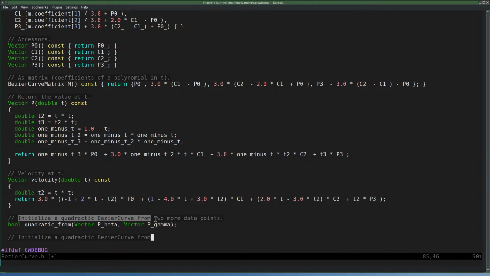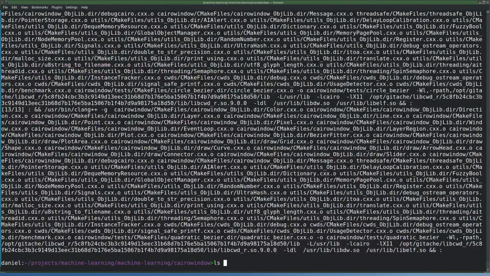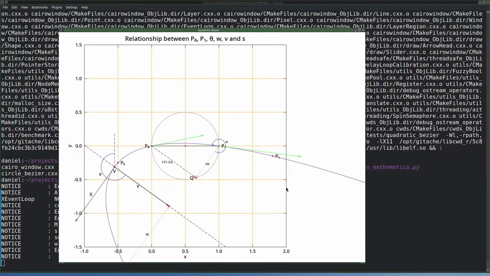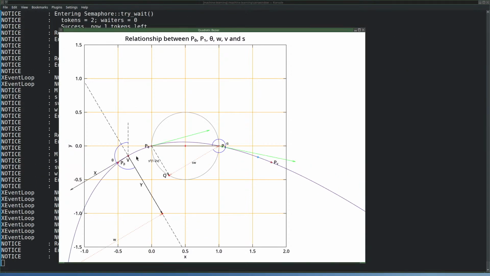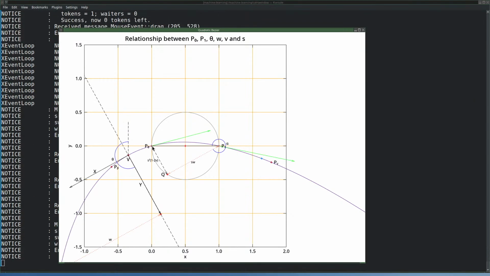Still confused me. 2 more data points means we have 4. I'm not even sure I can do this, but this is so weird. This is so confusing to me. Look, if I have quadratic, I'm not sure if I did it here. Yeah. Look at this. 1 data point, 2, 3, 4. 4 data points.